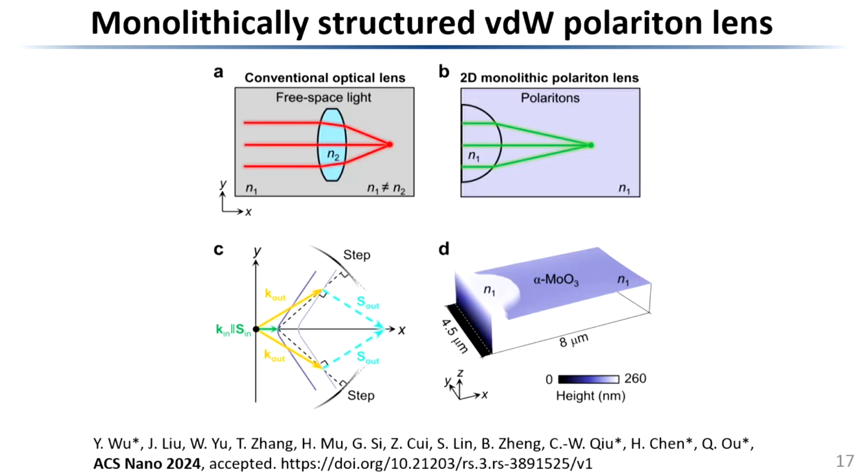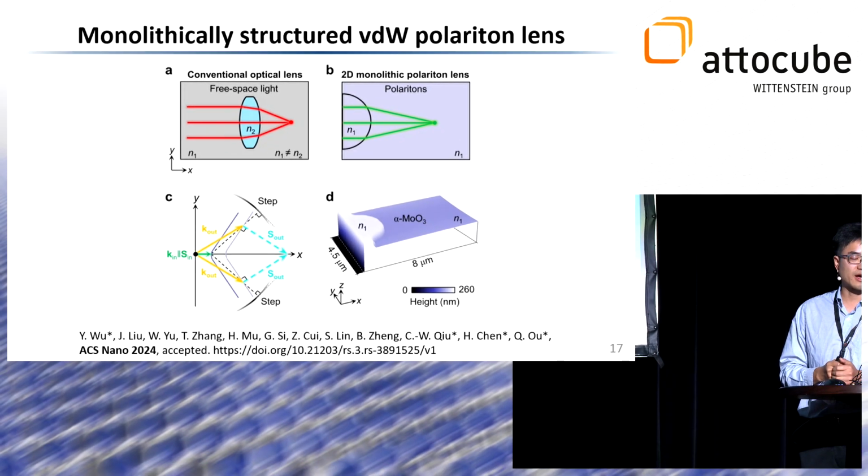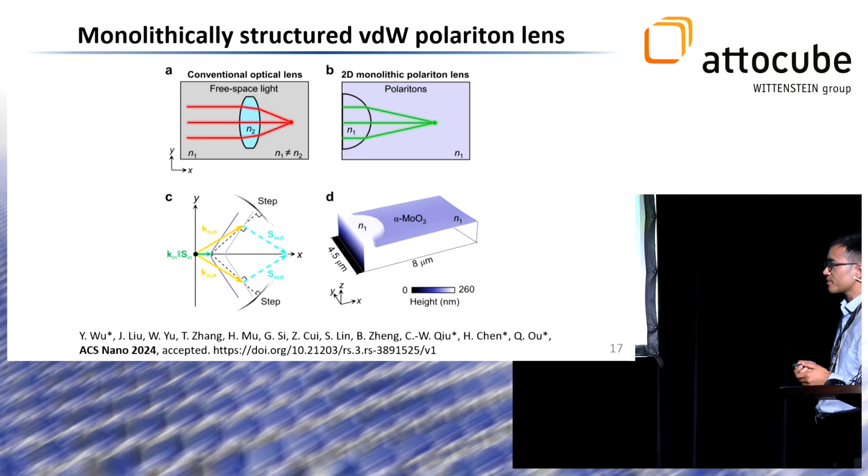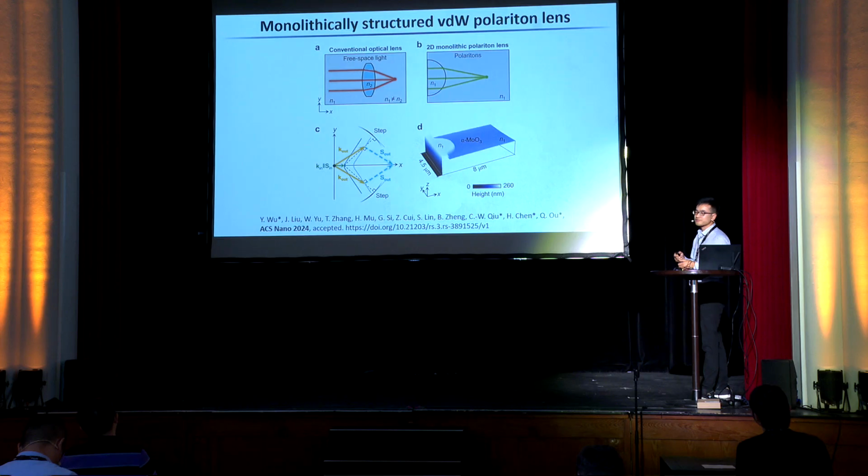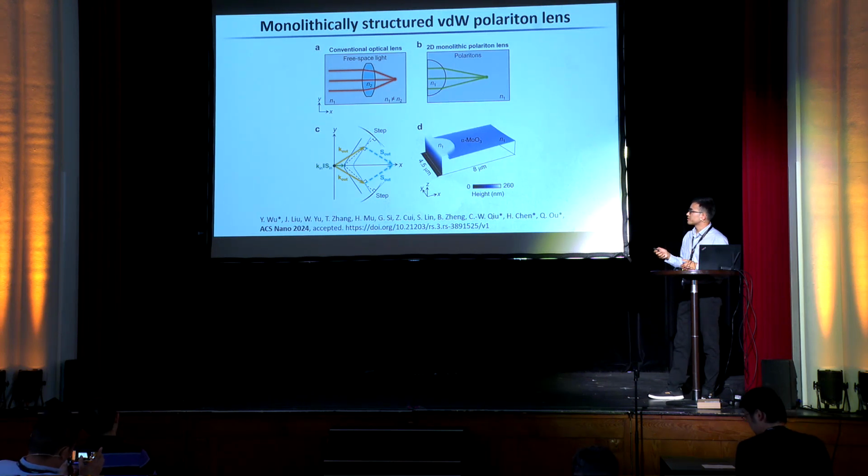This is another work, where we developed a reactive ion etching method to deal with this van der Waals material. Because FIB uses metal ions to do the milling, there might be some ion implantation or damage to the crystal, but using a gas-phase reactive ion etching method, we can quite nicely thin down the material.